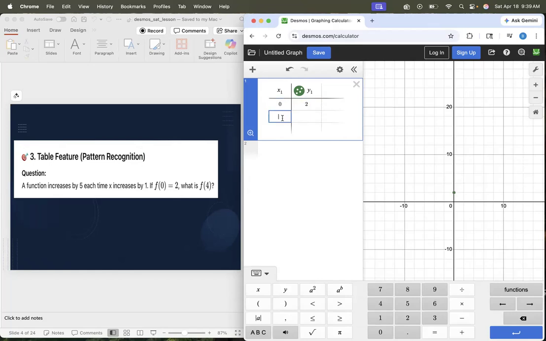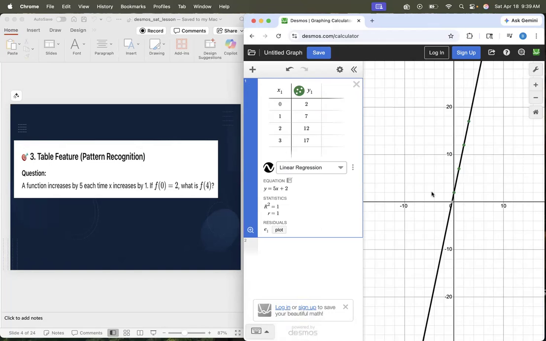If x increases by 1, y increases by 5. That is 7. The next, x increases by 1, y increases by 5. That's 12. The next is 17. Then you graph it and you see the line, the regression.